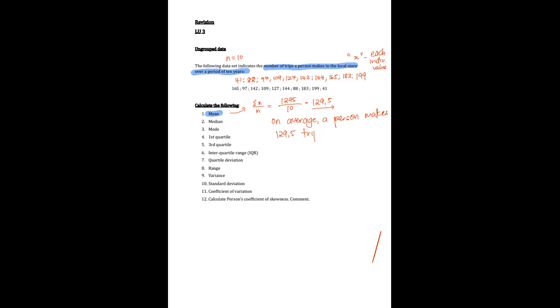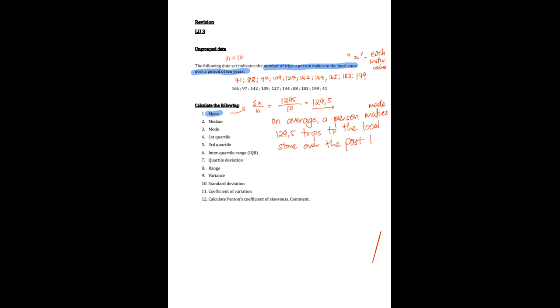Or you can say made. So instead of makes, you can say made. So I'm just going to write it at the top. So made 129.5 trips to the local store. And then when you say made, you can say over the past 10 years. So whichever you prefer. We're not hard and fast with the wording of something like this.